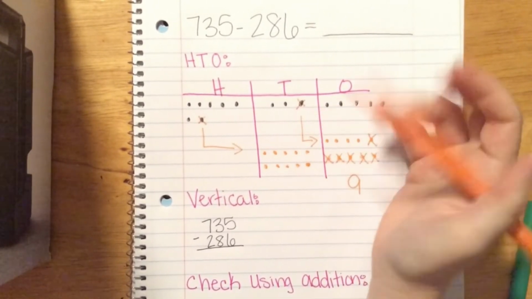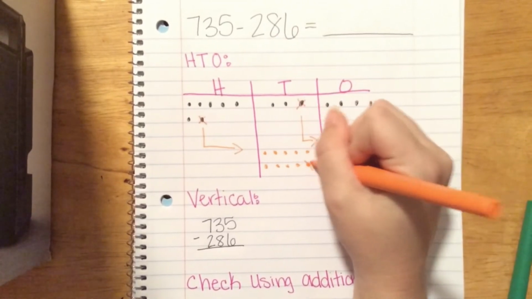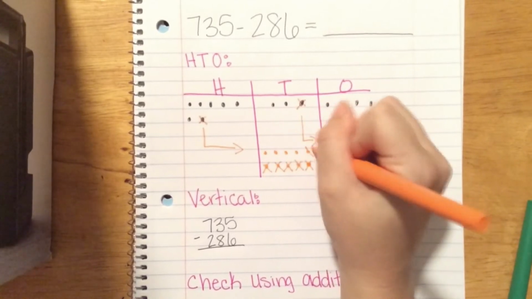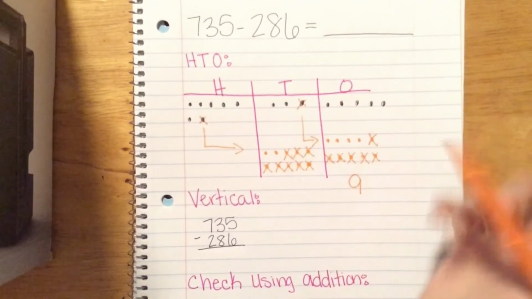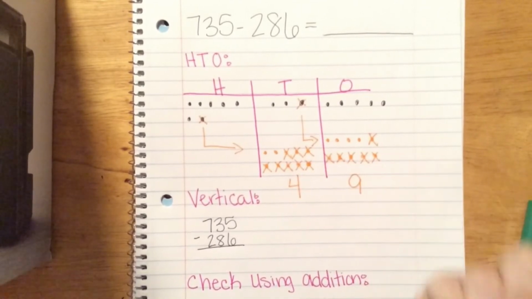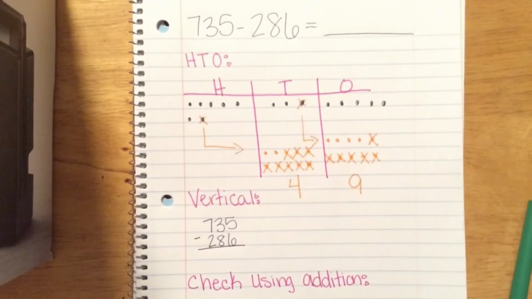Now we can subtract 8 tens. 1, 2, 3, 4, 5, 6, 7, 8. That leaves us with 1, 2, 3, 4 tens. Now we can move over to our hundreds.